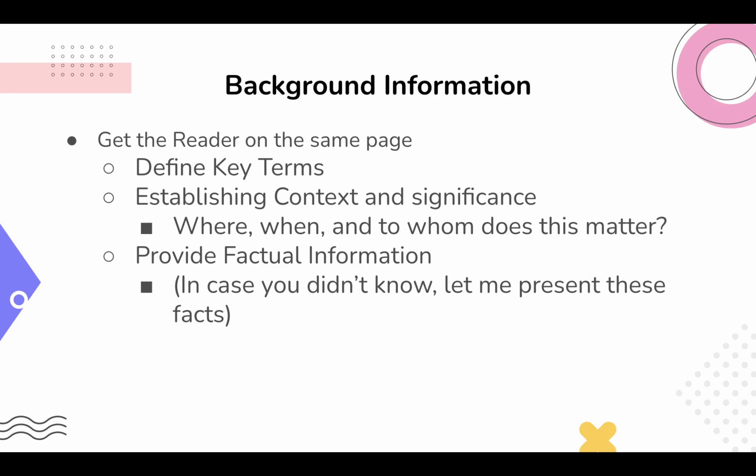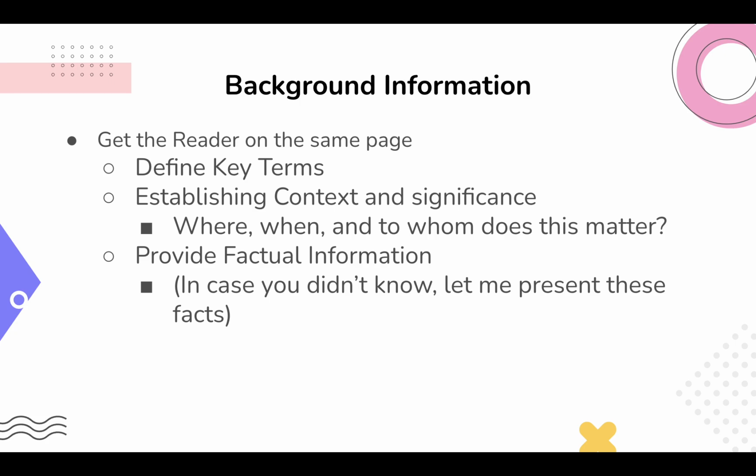For example, if you're talking about something regarding the frontal cortex of the brain, you probably need to tell me where the frontal cortex is and what purpose it serves and how it helps humans function if you're then going to be talking about it throughout your paper.